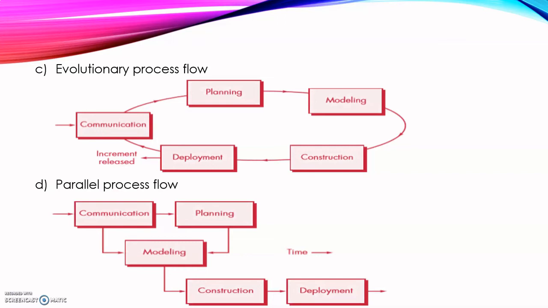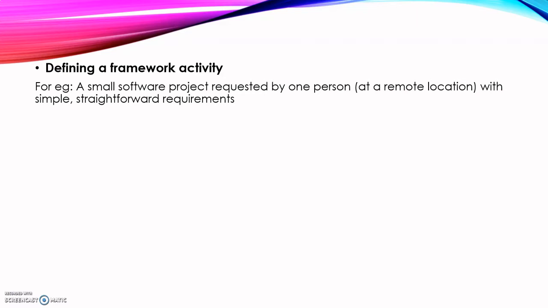We'll move on to the next topic, that is defining a framework activity. So let's see how we can define a framework activity. Here I am depicting it with an example. For example, I have chosen a small software project requested by one person at a remote location with simple, straightforward requirements.